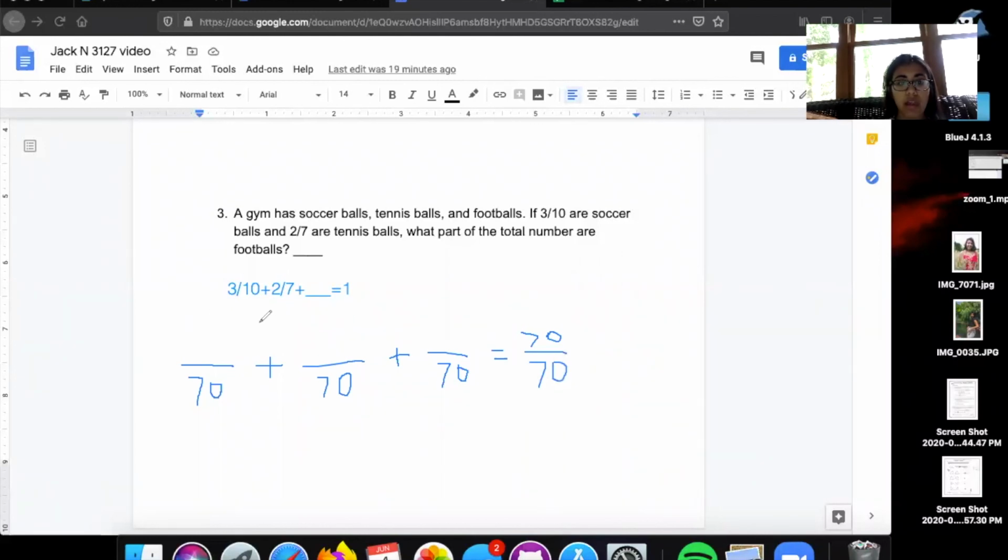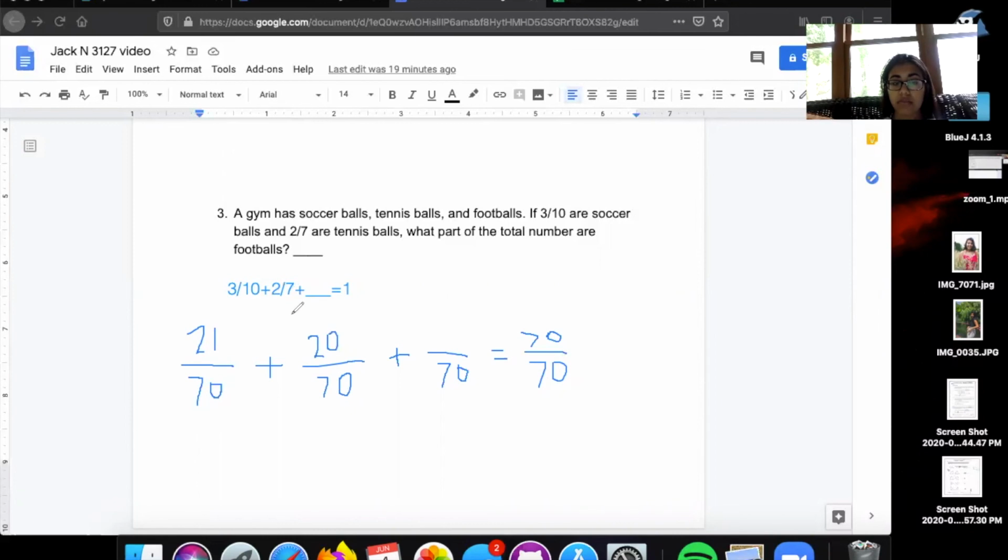Okay, great. So what did we do to the 10 to get to 70? Well, we multiplied by 7, so we have to do that to the top number. So 3 times 7, we get 21, which is great. Now what did we do to the 7 to get to 70? We multiplied by 10. So 2 times 10, that gets us 20.